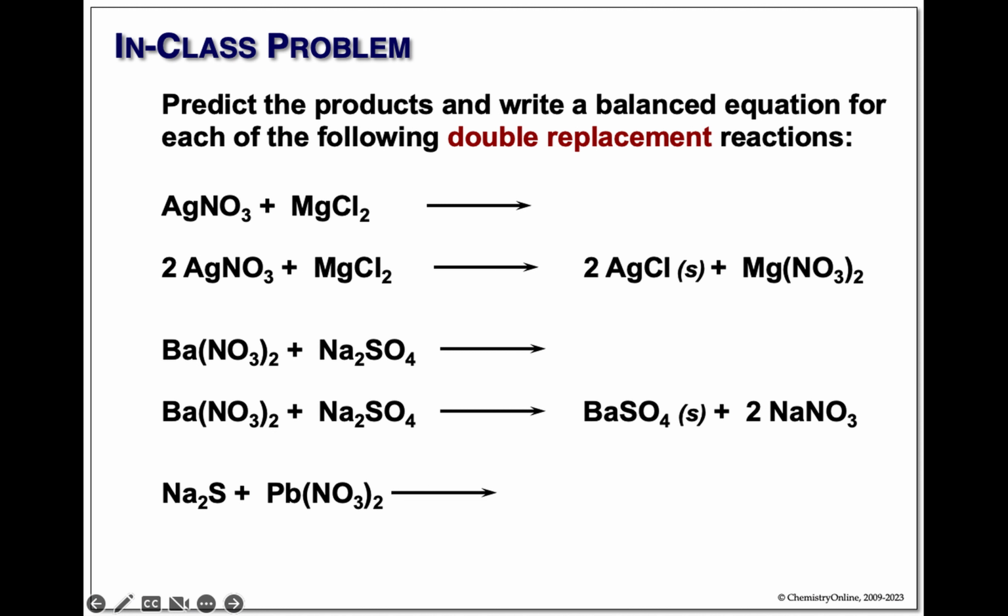This is group 1, that's why this one's soluble. So we're looking at lead sulfide as our solid. -2, +2, so that's good. We have 2 sodiums, 2 nitrates. Once again, we're going to need 2 sodium nitrates to make this balance out.